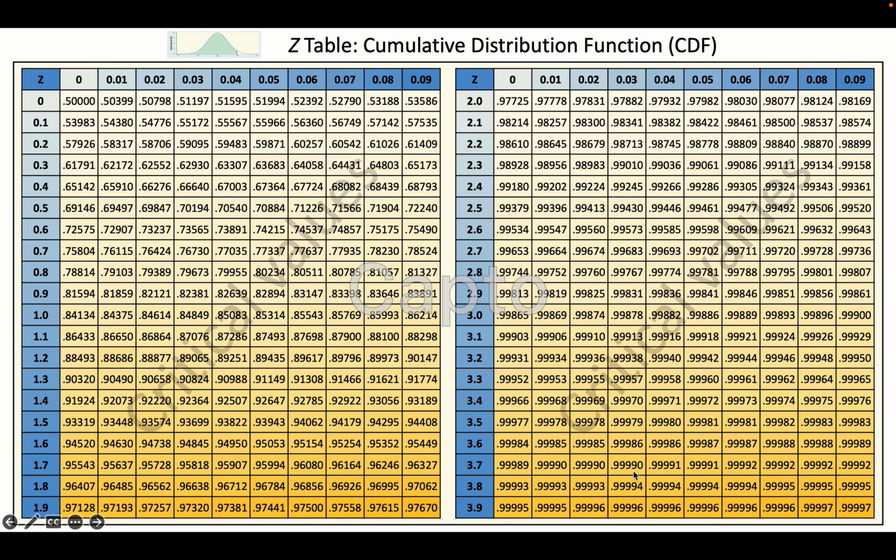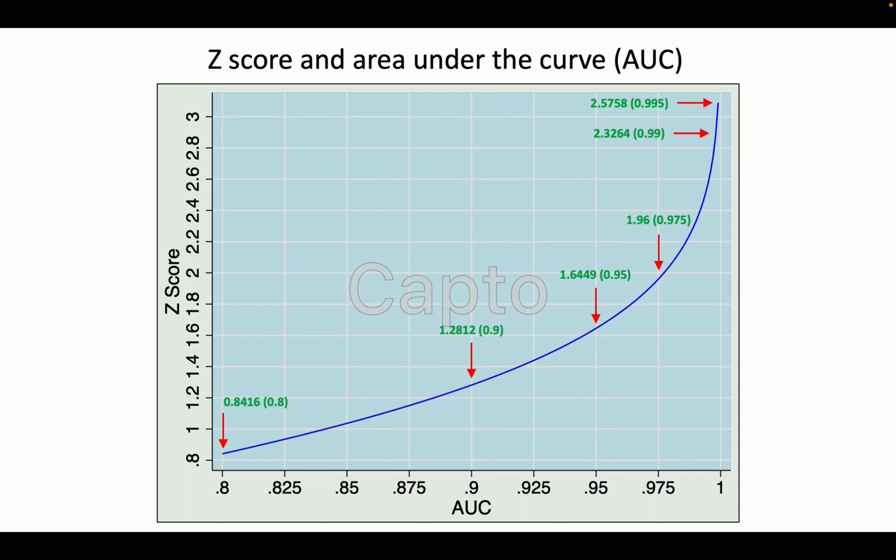So these are the Z-scores, and this is yet another representation of the same situation, where you have the area under the curve and you have the Z-score. I've just said that the Z-score of 1.96 corresponds to an area under the curve of 0.975.